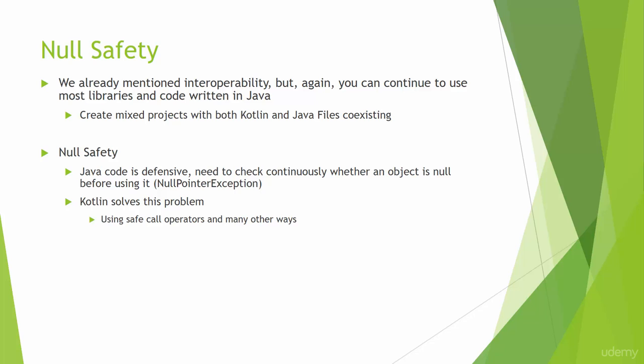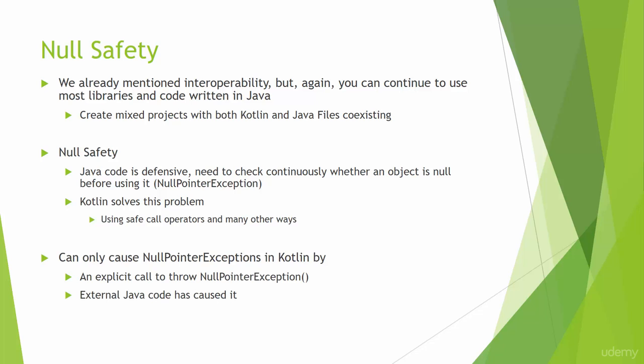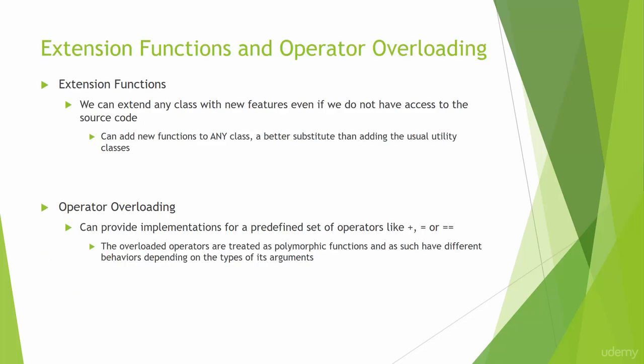With Kotlin, you don't have to worry about this. You can use safe call operators and many other ways to prevent null pointer exceptions. Kotlin only allows null pointer exceptions if you have an explicit call to cause one, throwing it with the throw keyword as in Java, or if external Java code has caused it. So Kotlin is a null safe language. Fewer crashes.